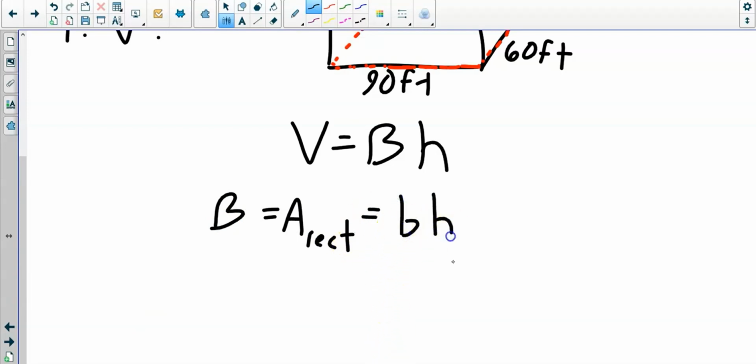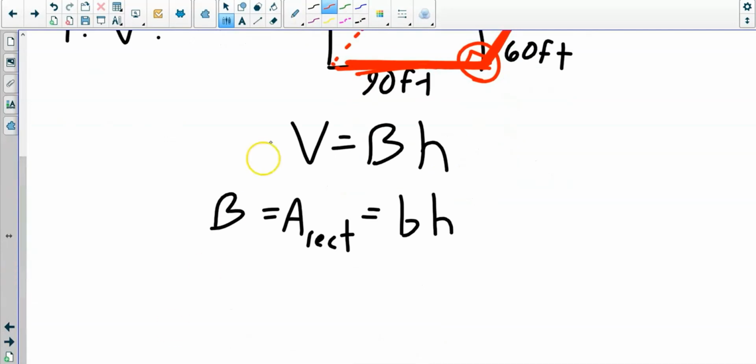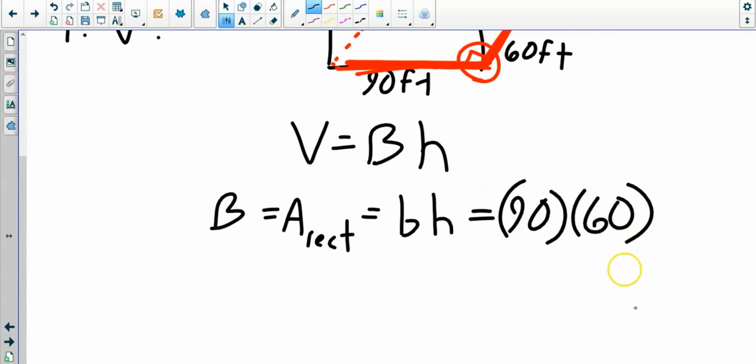Little base times height. So if I look at this guy, up in here, that's a right angle because it's a rectangle. So one of these sides is little b. One of these sides is h. So if I plug in, what's 90 times 60?